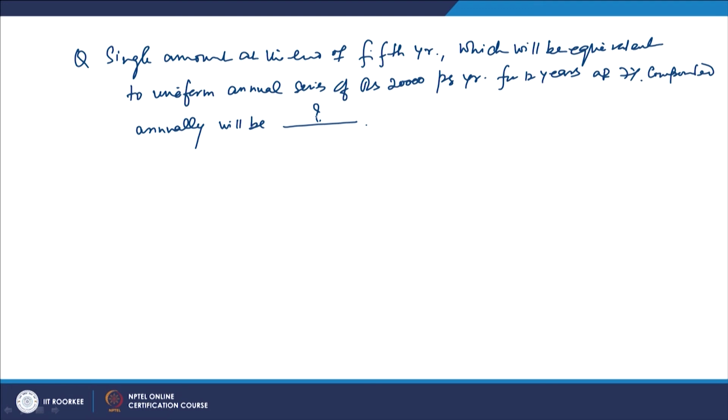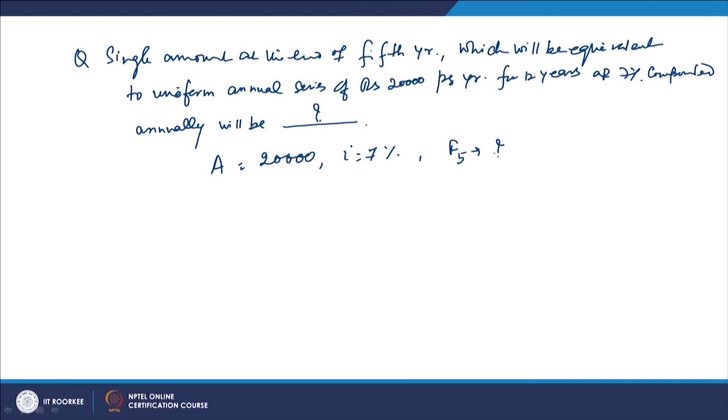For such problems, we are given A as 20,000 and i as 7%, and we have to find the value F5, that is the equivalent future value at n equal to 5. F5 is required to be known.